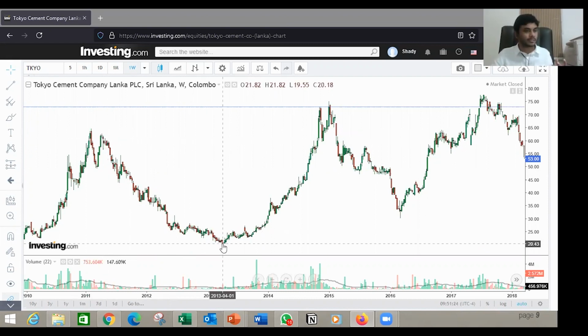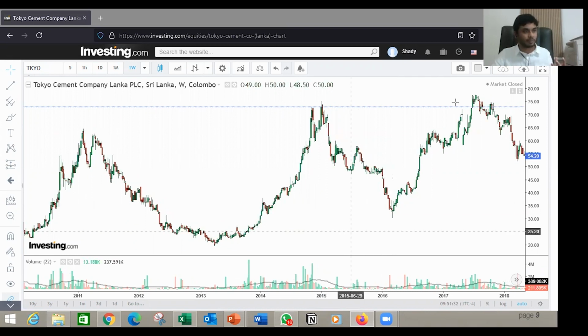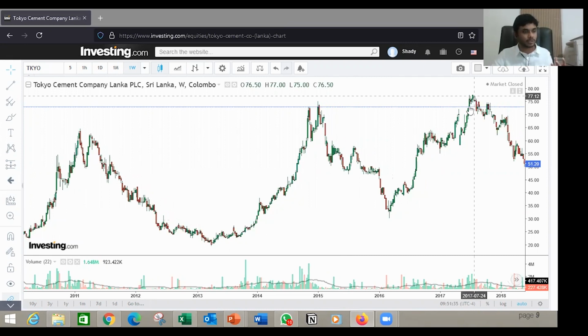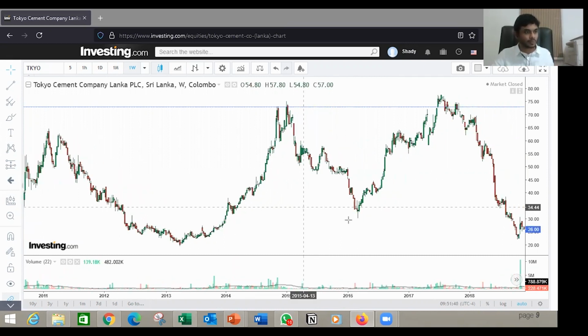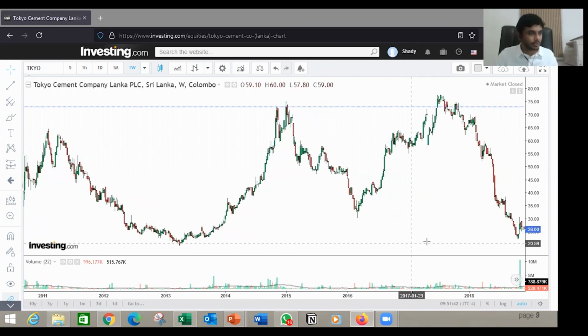It dropped to a price level of 2019 levels. Then again, we see a peak to 72 levels, and then a drop. And after that, from a peak of 77 levels during 2017, it starts to drop again to the 20 level.